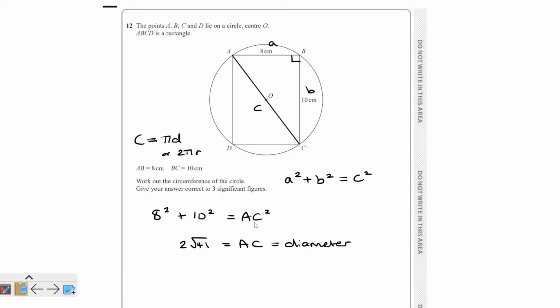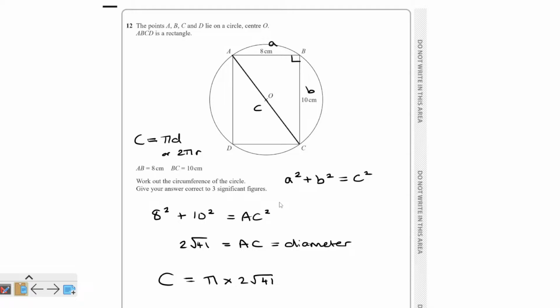Now because I've worked out the diameter and I like to use pi times diameter, I just need to multiply that by pi. If you use 2 pi r, you would obviously have to divide the diameter by 2 and then put that into your formula. Also fine. Just make sure you know which one you're doing. So the circumference is pi times 2 root 41, which in this case they've asked for in terms of significant figures, which is like decimals.